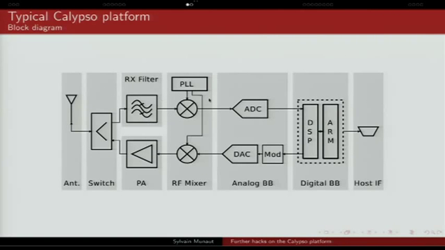It's down converted using what's called a mixer, down converted to baseband. It's sampled by the chip called the analog baseband, and the information is sent to the actual digital baseband, which is itself composed of a DSP and an ARM core.